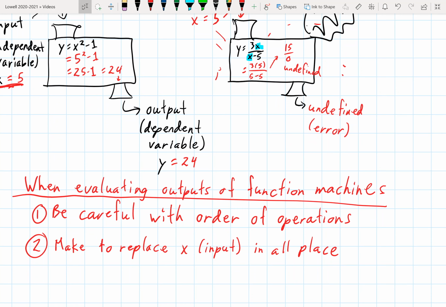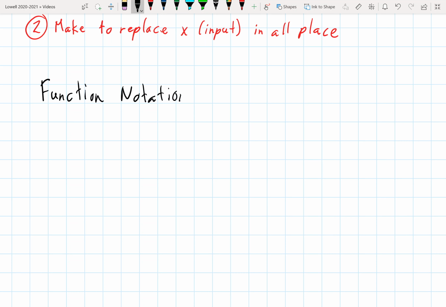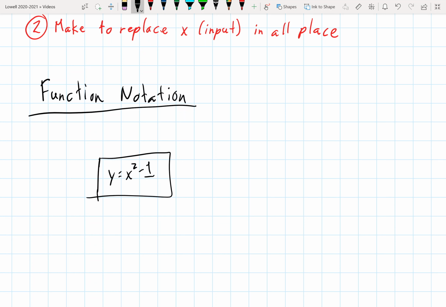Okay, I'm going to redraw that first function machine here, and you will see why. So this is getting to the function notation bit. We saw here that in the function machine y equals x squared minus 1, I'm not going to go through all the work again, but when we threw in x equals 5 as an input, the output that came out was y equals 24.